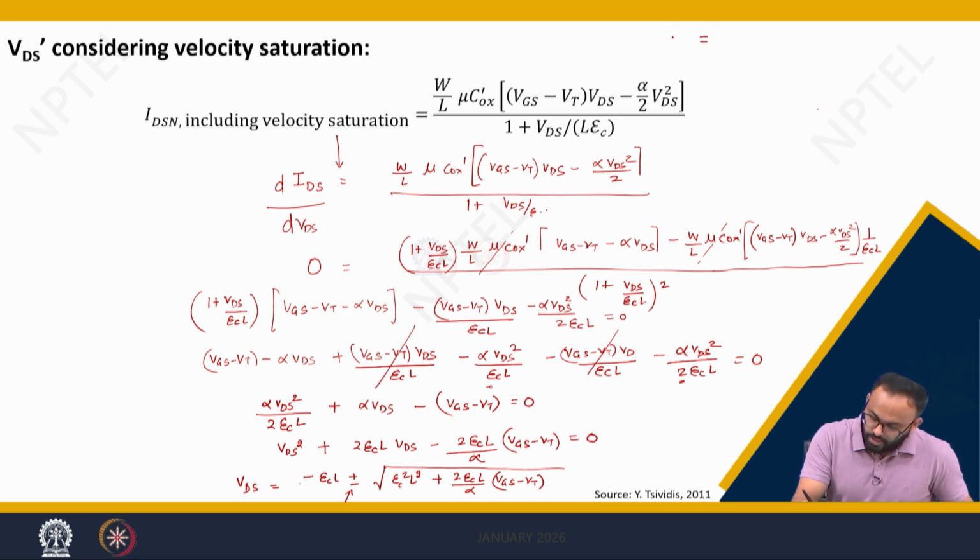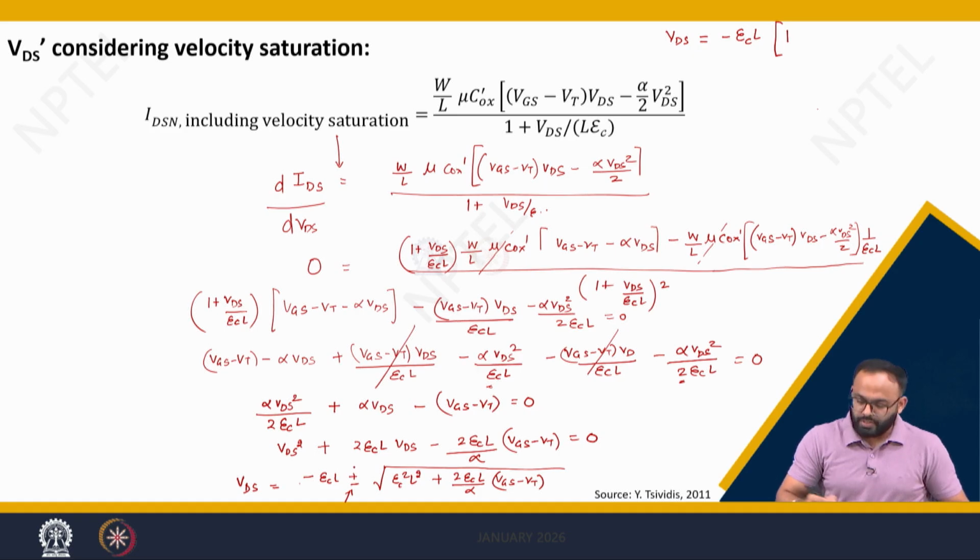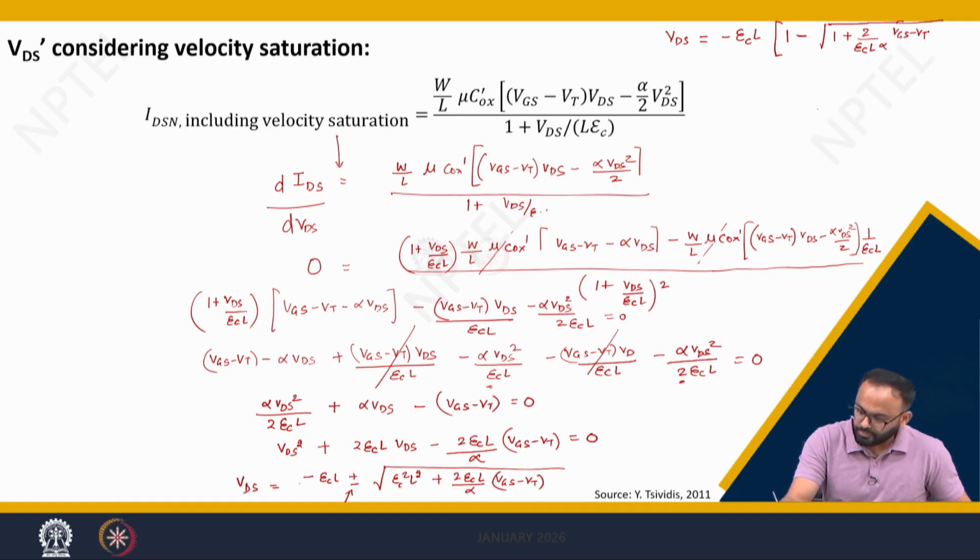So, in the left hand side you will get VDS, take minus ECL out, you are left with 1, and as you are taking positive sign, inside the bracket you left minus, and here you will get 1 plus 2 divided by EC into L into alpha VGS minus VT, correct.